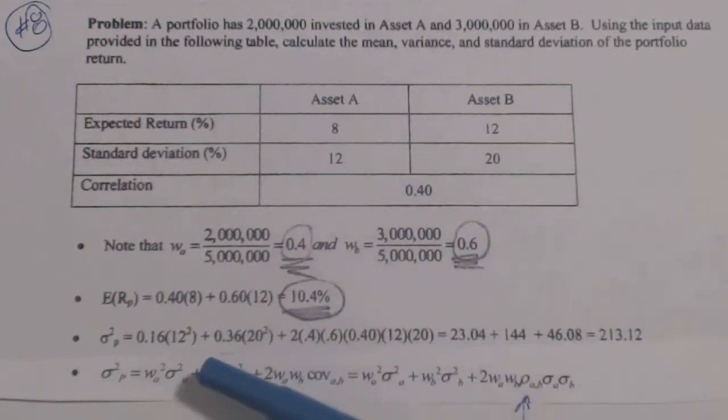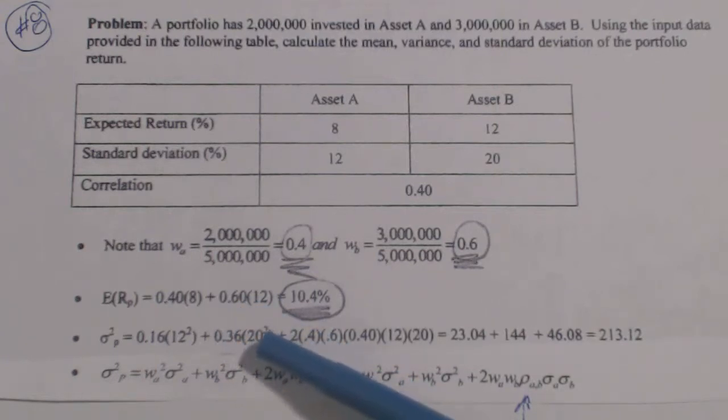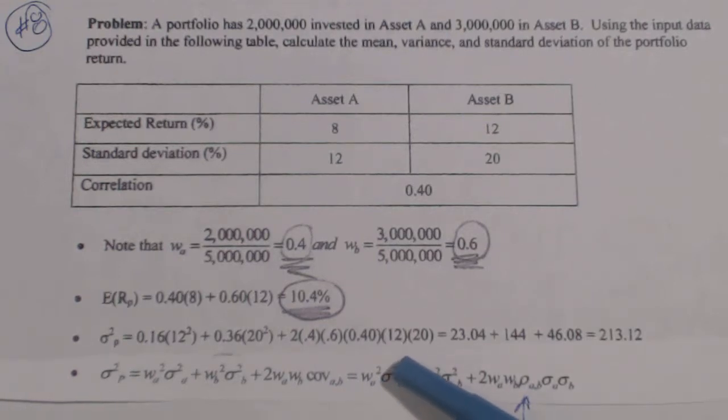Then the standard deviation is 12, so it's 12 squared, plus the weighted average of B, which is 0.6, so that's 0.36 when it's squared, times 20, which is the standard deviation squared, plus 2 times the weighted average of A times the weighted average of B times the covariance of A and B, which equals this formula, which is the same thing: the weighted average of A squared times the standard deviation for A squared, plus the weighted average of B squared times the standard deviation for B squared.